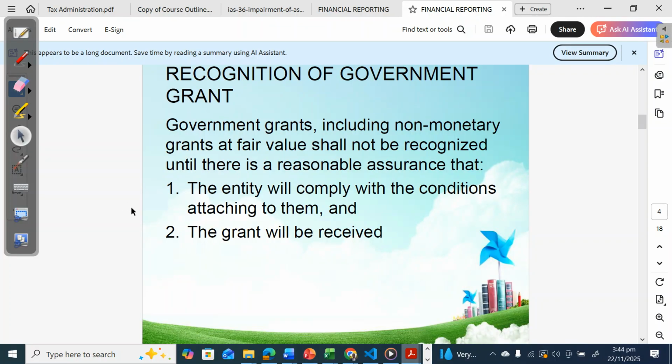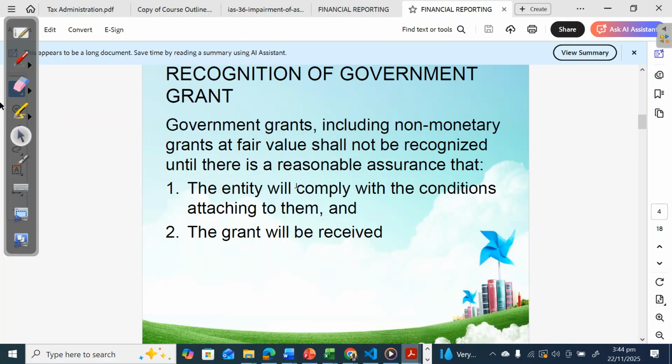All right. Now, before you recognize grants in your books, the company must meet certain conditions. So, like I said earlier, a grant always comes with conditions. And before you can recognize grants in your books, you must make sure you are going to meet the conditions.